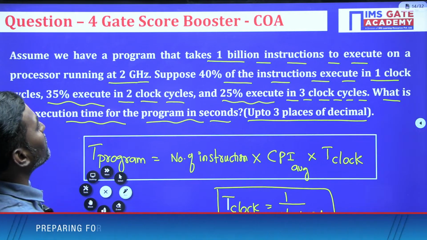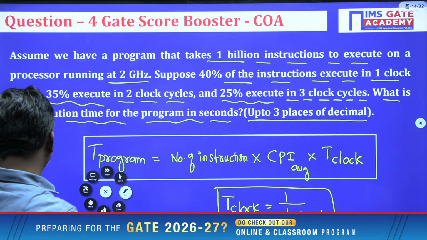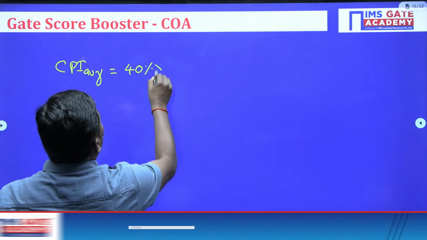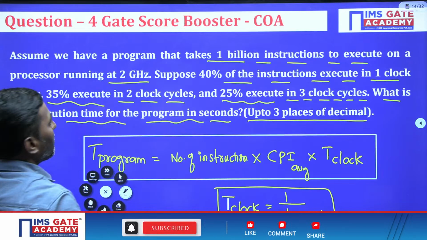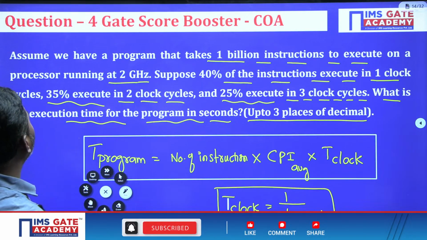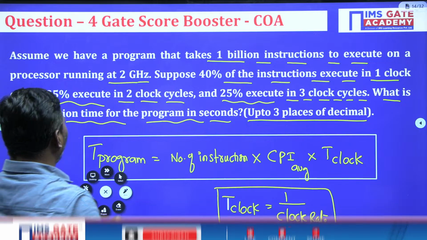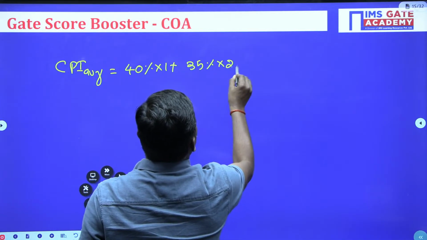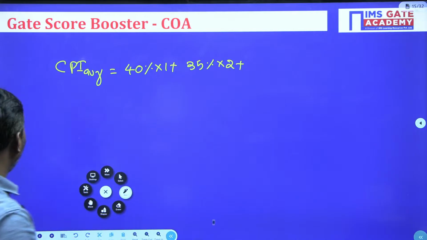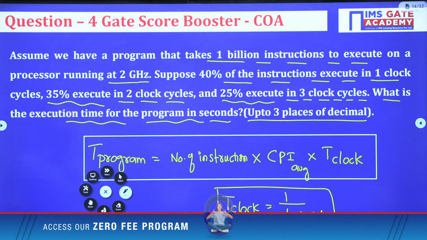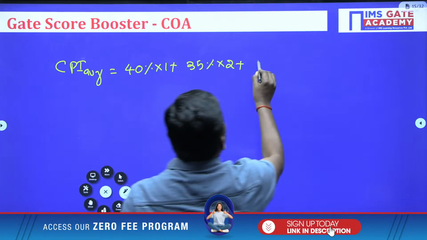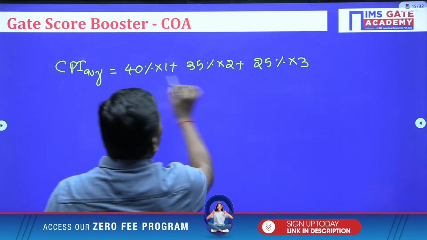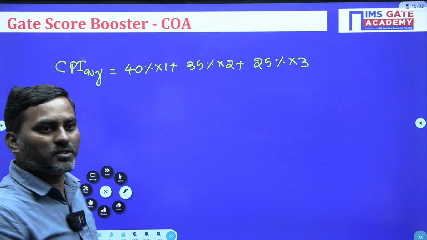In the program, 40% of instructions execute in 1 clock cycle, plus 35% of instructions take 2 clock cycles. Total 75% so far. The remaining 25% take 3 clock cycles. Total 100%.